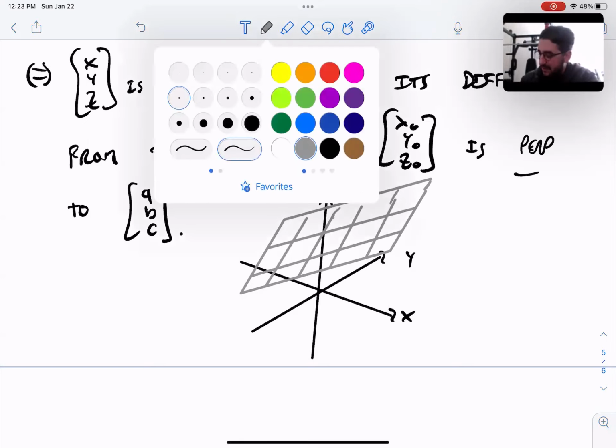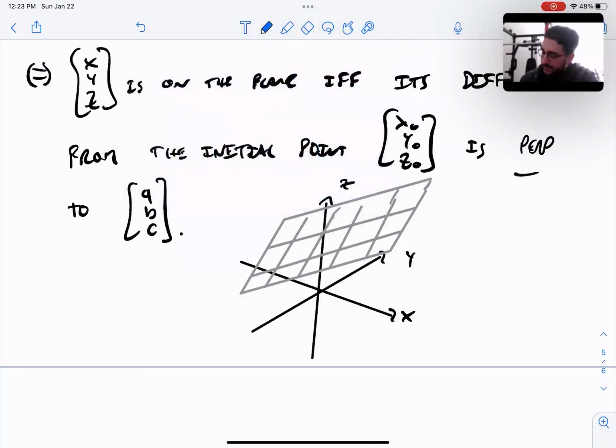We have some special starting point, which we call x naught, y naught, z naught. Imagine this as the tip of a vector, so that tip is given by x naught, y naught, z naught.